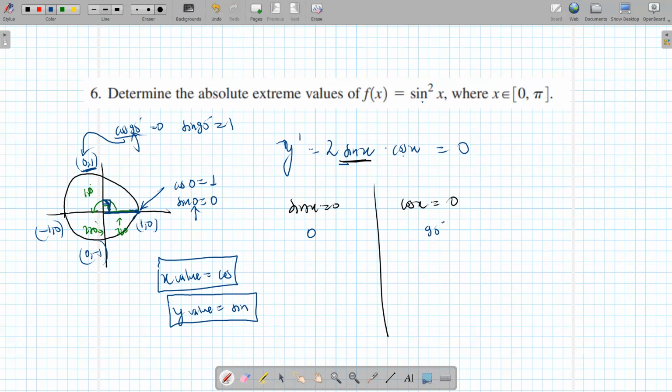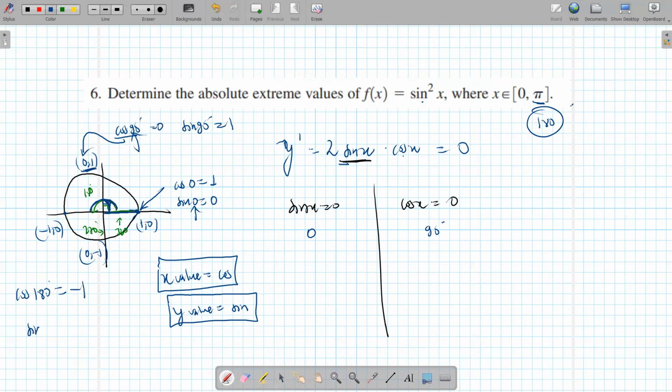Let's go down here. This angle is 180. From here to here, this is 180 degrees. And pi means 180. So this is as far as you have to go. What's cosine of 180? Remember, it's the x value at this point. -1. -1 is absolutely right.